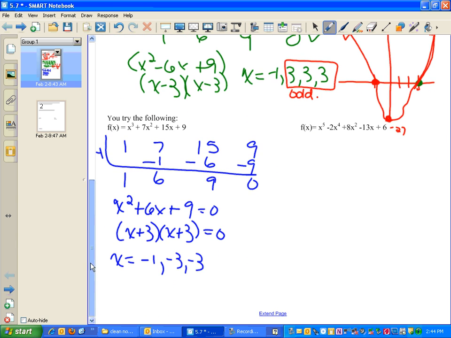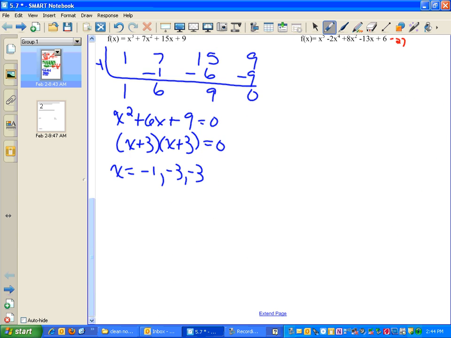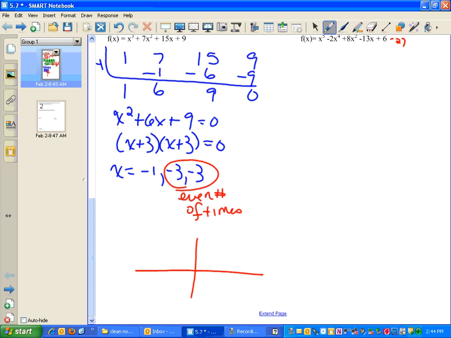All right. This next one. If you notice, the -3 appears an even number of times. So we have 3 roots. We know that at -1 it crosses, and at -3, which I'm going to do in a different color, it crosses and something weird is happening there.